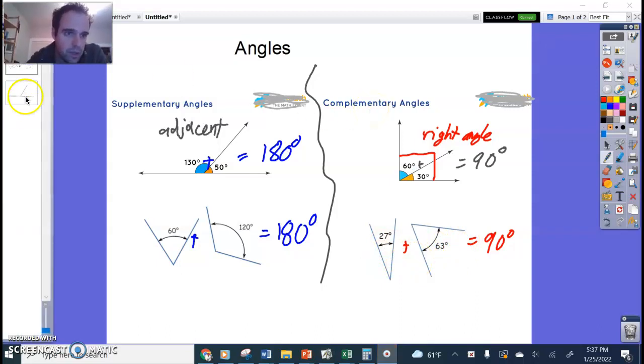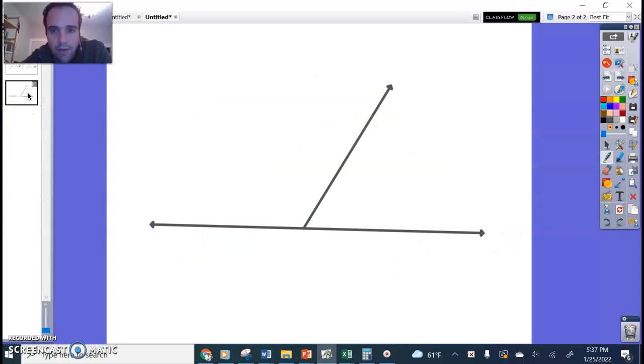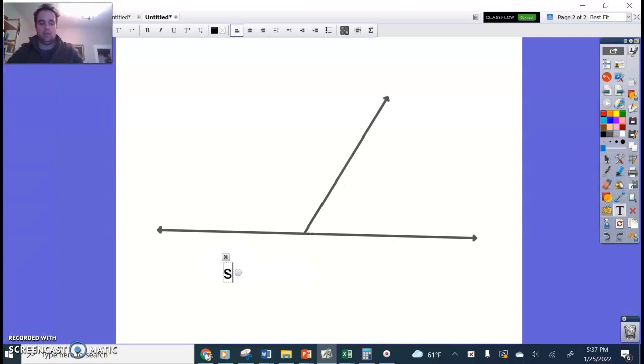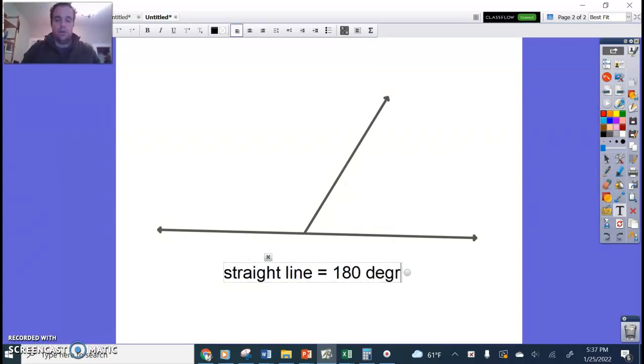Okay. Now, next thing. You have here a very common situation in middle years math, where you have a straight line and then a line or line segment cutting that into two separate angles. If you notice down here, and I'll type this, this is a straight line. This always equals 180 degrees.